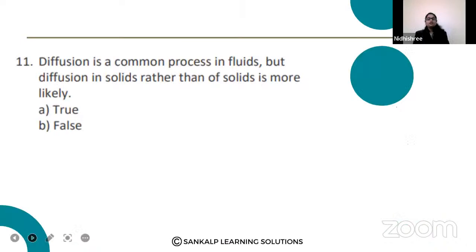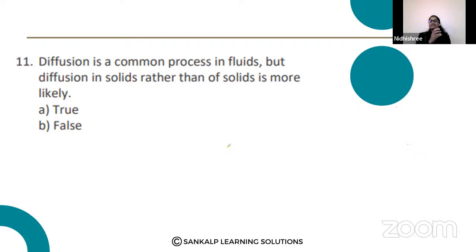Okay. The next question: diffusion is a common process in fluids, but diffusion in solid. Read the question twice or thrice, guys. Diffusion is a common process in fluids. In fluids, it is a common process.